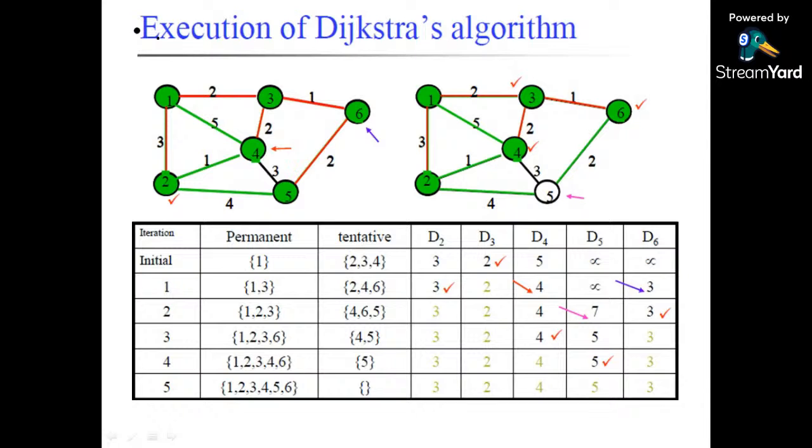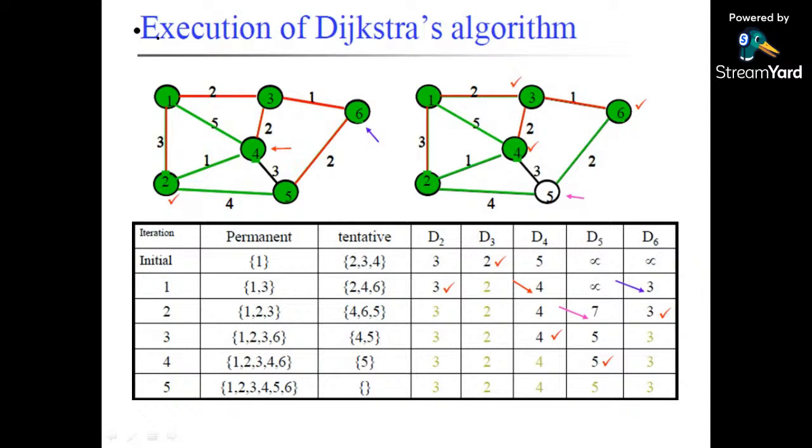So which node becomes permanent and which node becomes tentative? Initially the first node is permanent and the remaining three nodes, that is 2, 3, 4, are tentative. Out of 2, 3, 4, we find the distance of node 2 is 3, the cost of node 3 is 2, and the cost of node 4 is 5.